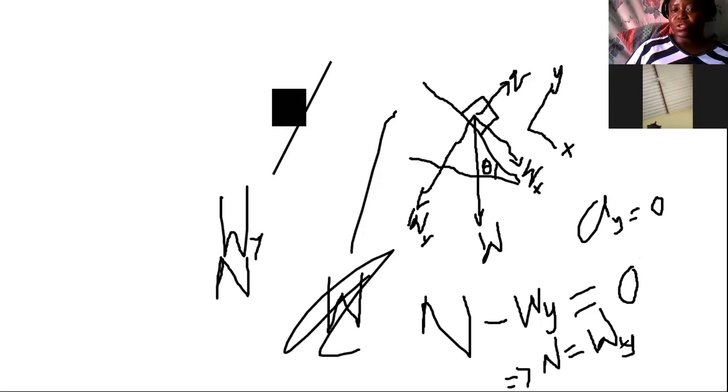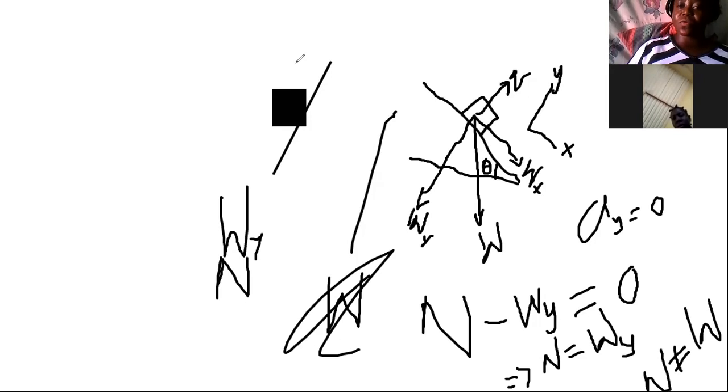That is why, if we look at this case, we see that the normal force is not equal to the weight. It is not always true that the normal force equals the weight.